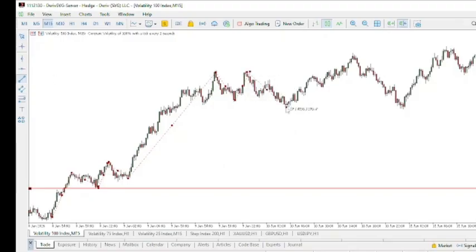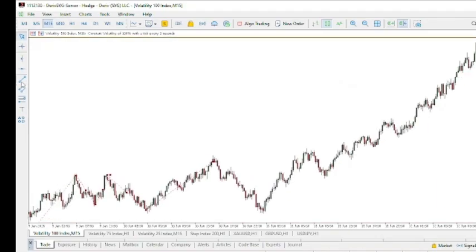Then we have another impressive movement, then a pullback, which is a retracement, then impressive movement, retracement, impressive movement, like I was sharing with you in the other video, and so on like that.